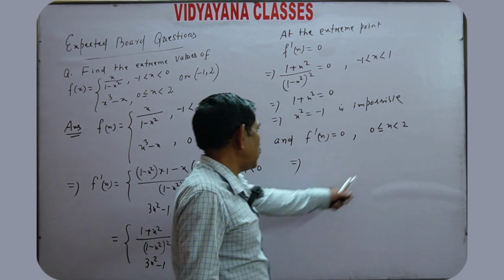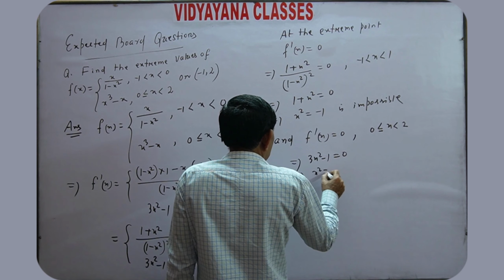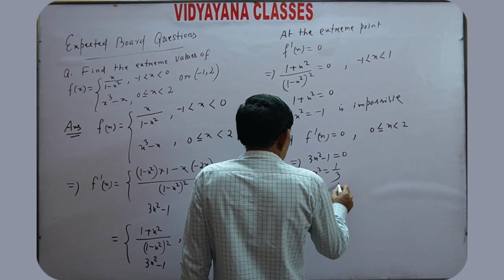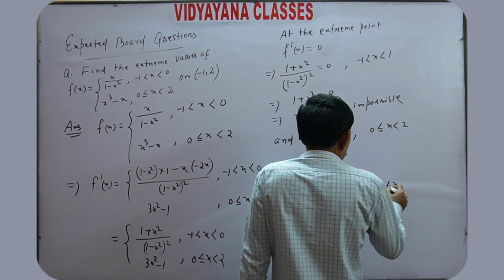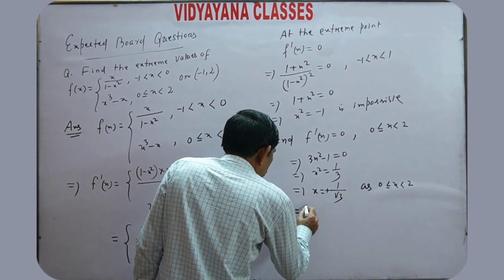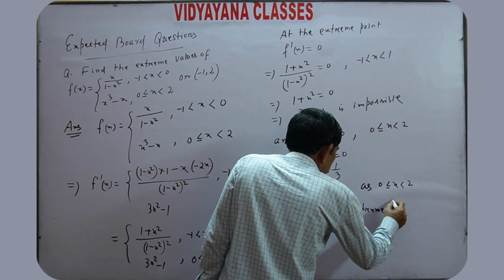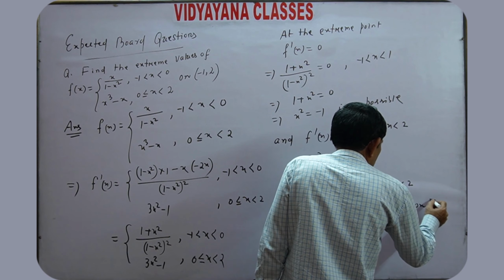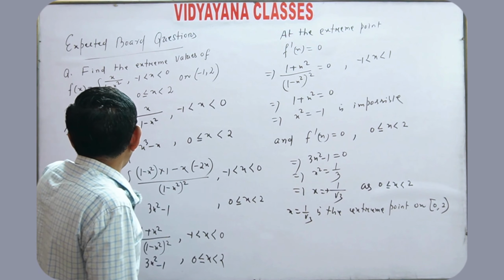In this interval, f dash x is equal to 3x square minus 1 is equal to 0. x square is equal to 1 by 3, which implies x is equal to 1 by root 3, the positive square root, as x is greater than or equal to 0 and less than 2. x equal to 1 by root 3 is the extreme point on the closed-open interval 0 to 2. Clear?